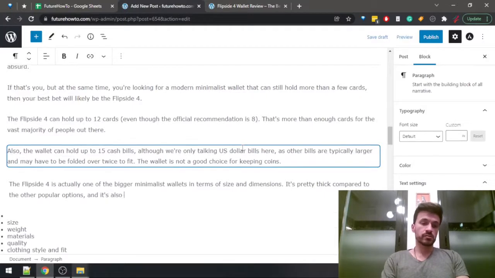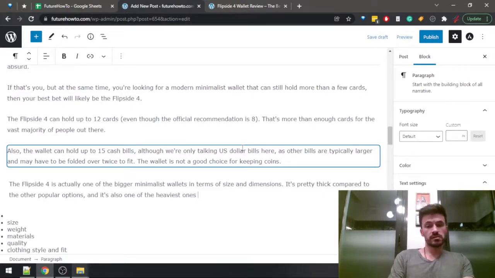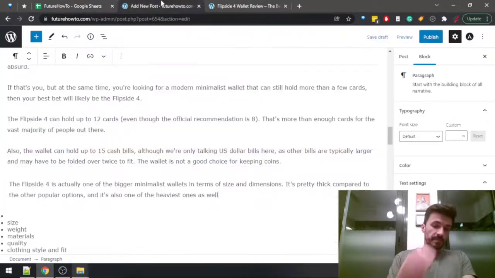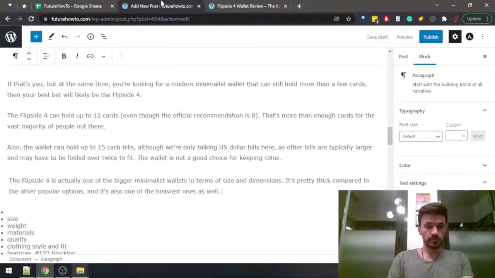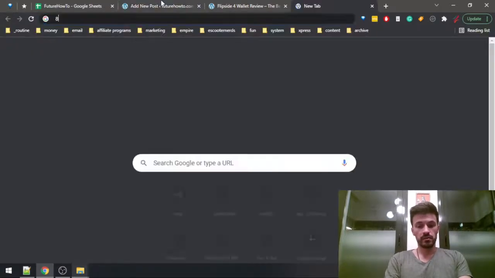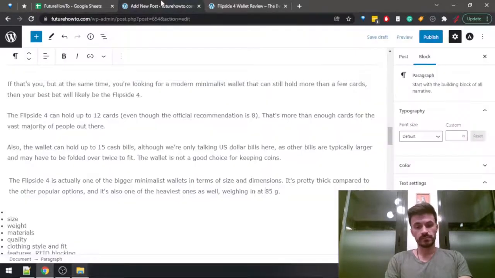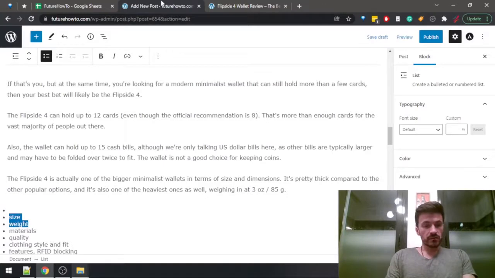And it's also one of the heaviest ones as well. Maybe it's the heaviest, period. Ah, that's the same as the Travex, okay. It's the heaviest one as well, weighing in at 85 grams. 85 grams to ounces is 3 ounces. Okay. Size and weight is covered.